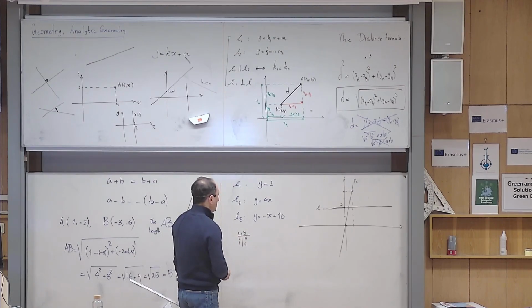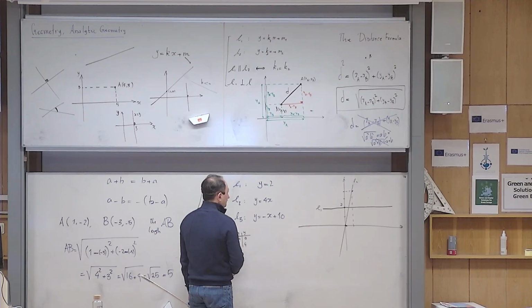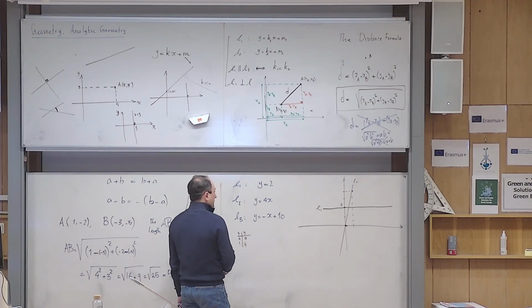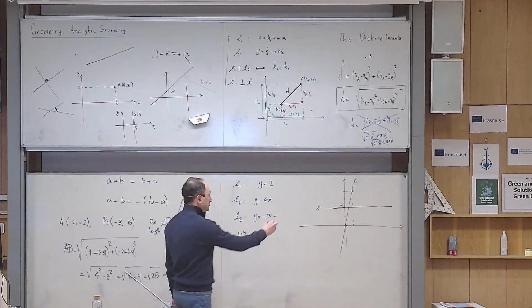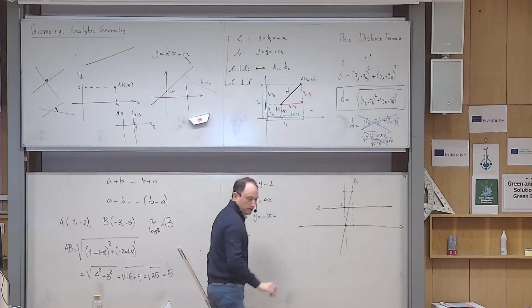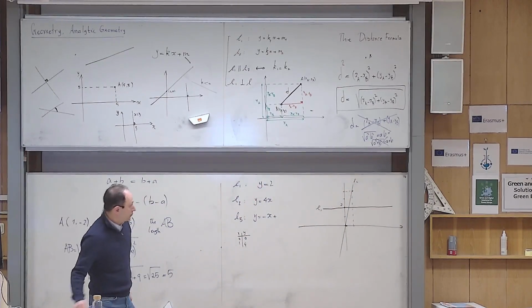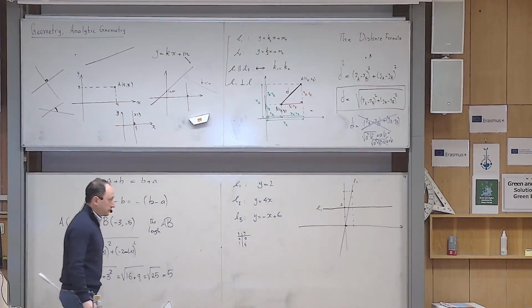So let me make it 5 or 6. This is 2, 3, 4, 5, 6. I can fit 6 here. So let us write 6 because otherwise it will go beyond the board. Let me change it to 6.